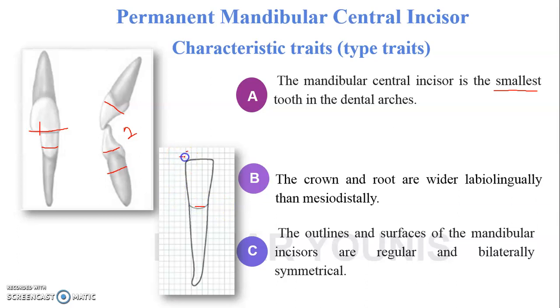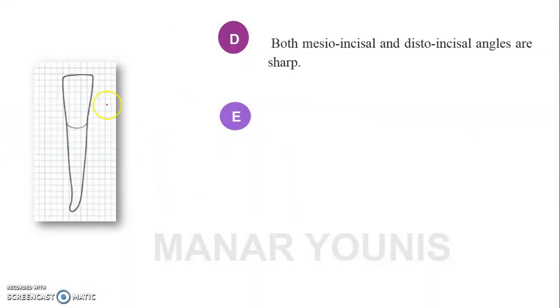Usually the line angles are sharp. So both the mesioincisal and distoincisal line angles are sharp, especially the mesioincisal line angle.